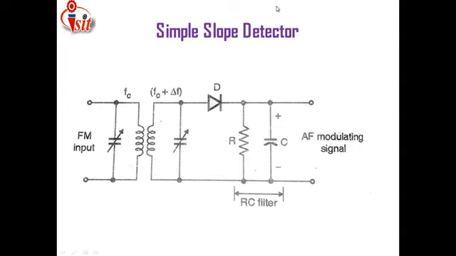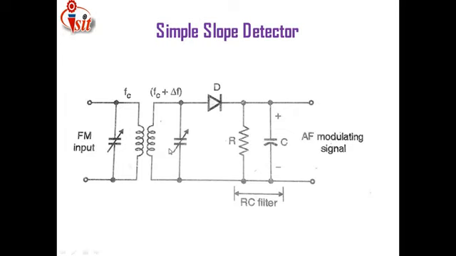As I have told you, a detector filters out the high frequency component and transmits the low frequency component. High frequency components are nothing but the carrier signal, and low frequency components are the modulating signal. Thus we drop out the carrier signal here.